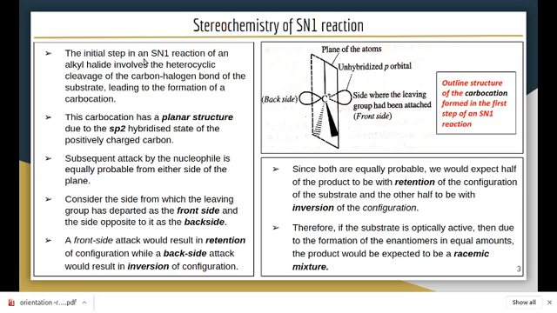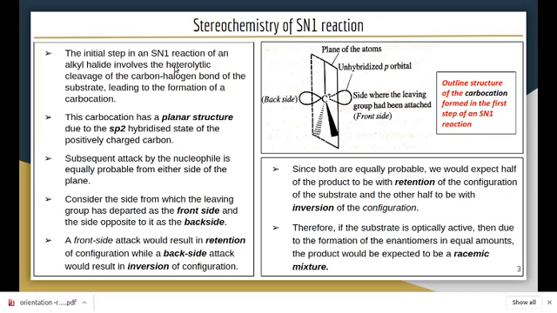So the initial step in an SN1 reaction of an alkyl halide involves the heterolytic cleavage of the carbon-halogen bond of the substrate, leading to the formation of a carbocation. So the first step is the formation of the carbocation by the breaking of the carbon-halogen bond.